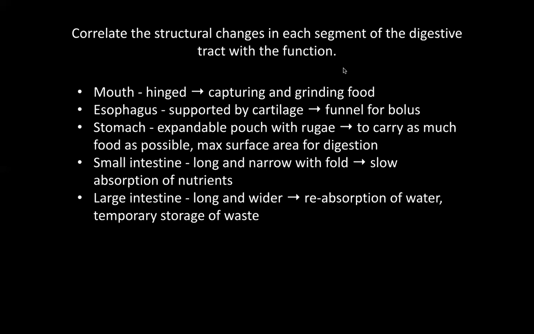But at the same time, the folds are present to maximize surface area, also to maximize absorption of needed nutrients in the food. The large intestine, on the other hand, is also long, but it's relatively wider. So this allows for reabsorption of water and vitamins, and also makes it a flexible temporary storage for waste.